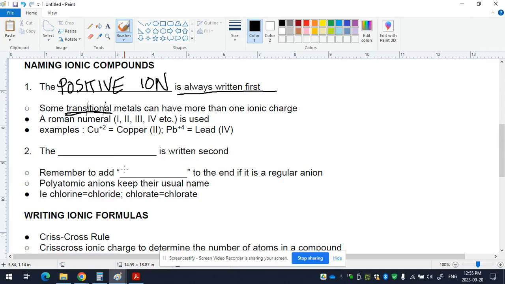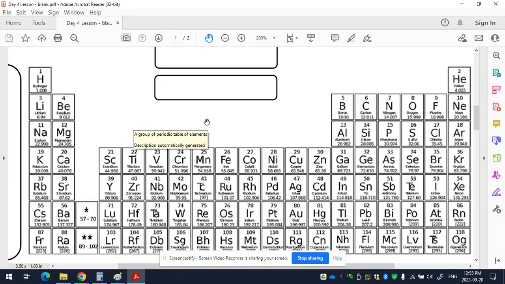So this number, only with these elements. Everyone, only with these elements. You will never have to use it with what? With these ones, or with these ones, or these. It's almost always with these ones.